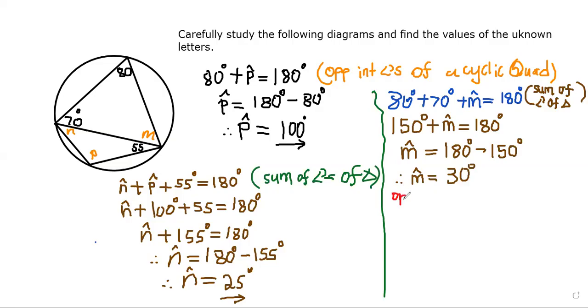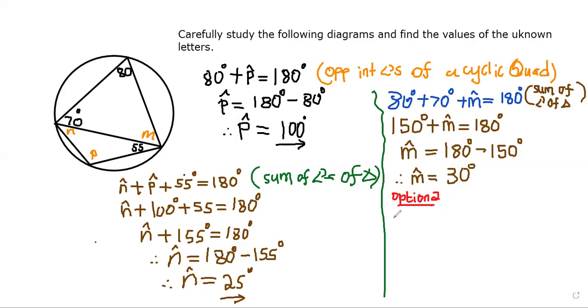Or, we also have option number 2. So option number 2, how are you going to solve this? You know that opposite interior angles of a cyclic quad are supplementary.